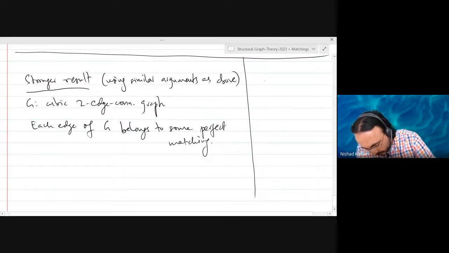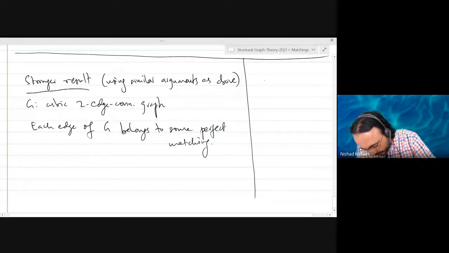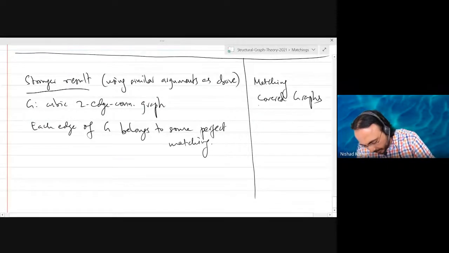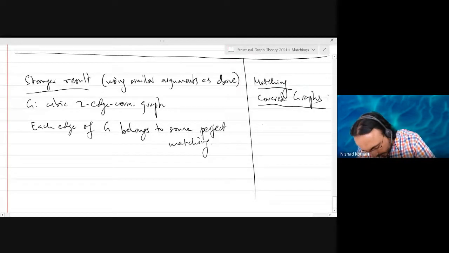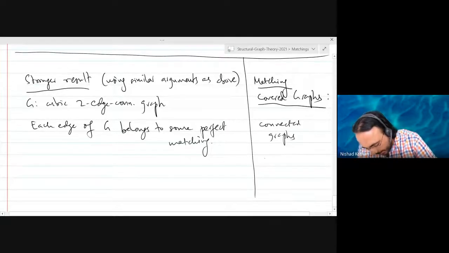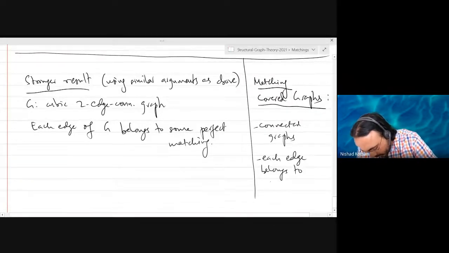There is a class of graphs called matching covered graphs, which are very important in the current trends of matching theory that I myself work in. These are connected graphs, and you have another, more important property: each edge belongs to some perfect matching.